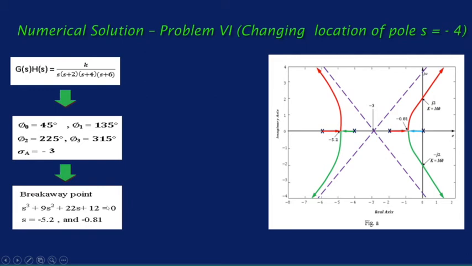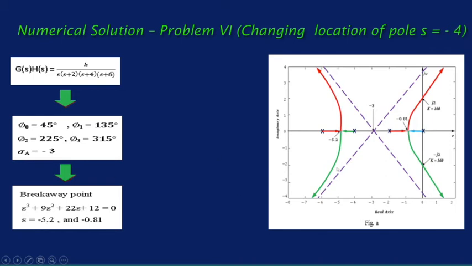So calculate the breakaway point using the characteristic equation, dK/ds equal to 0. From this equation we get s³ + 9s² + 22s + 12 = 0. From this equation you calculate only two roots, because only two breakaway points are present in the system.